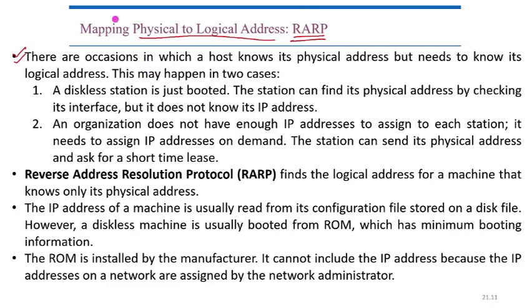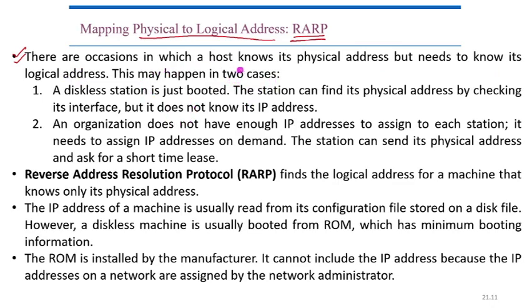RARP can be used when the logical address is not known. How can that happen? There are occasions in which a host knows its physical address but needs to know its logical address. This may happen in two different cases. The following cases are given.